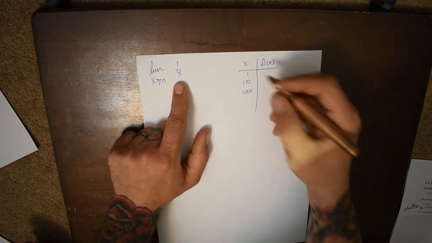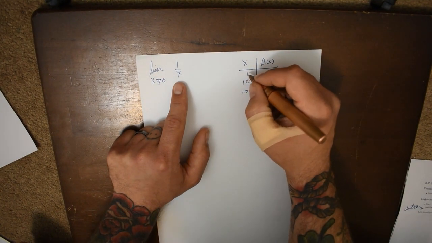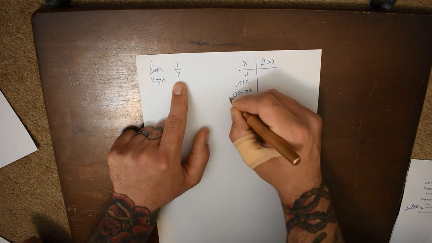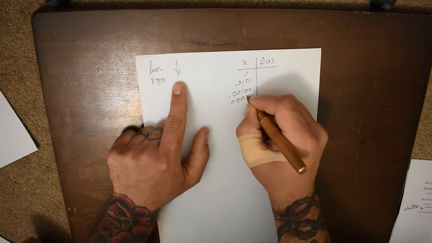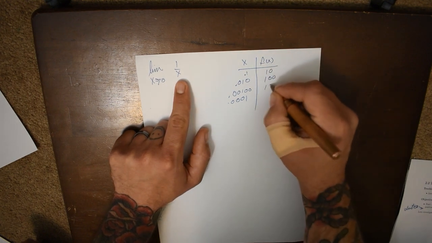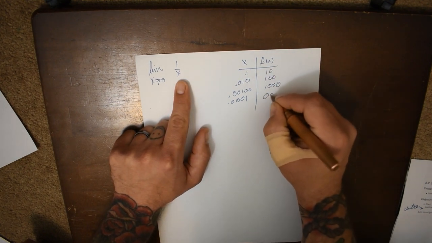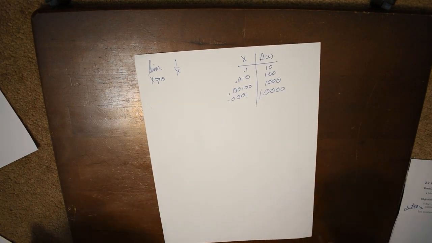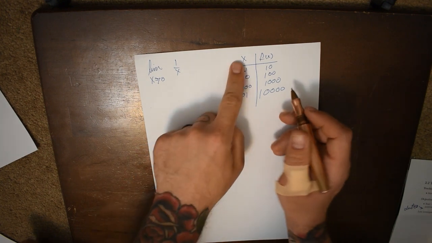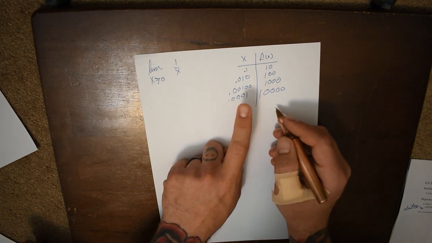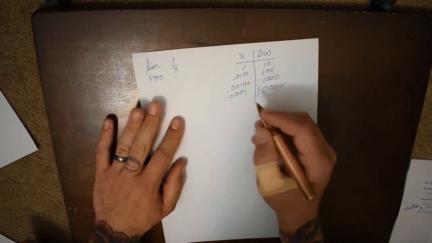I'm sorry, we went the wrong direction. 0.1, 0.01, 0.001, 0.0001. That gives us 10, 100, 1,000, 10,000 respectively. So once again, as we're getting closer and closer to 0, we're tending towards positive infinity.